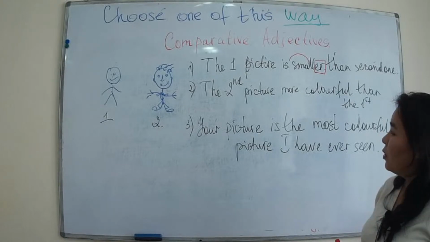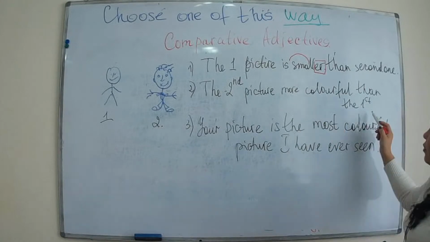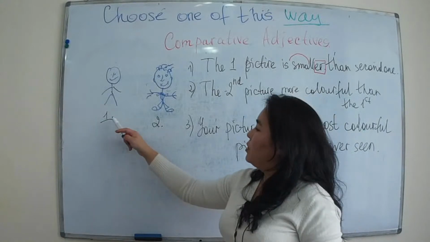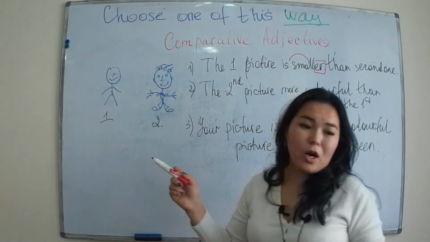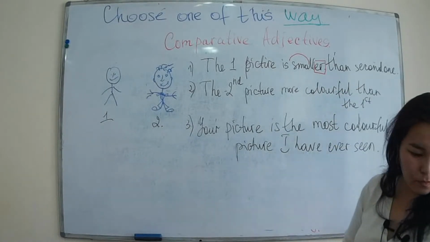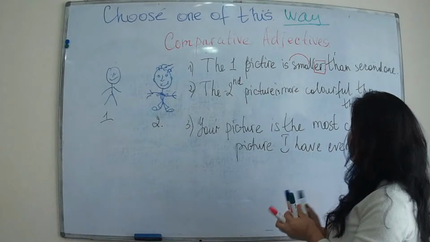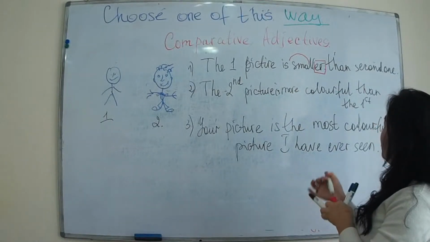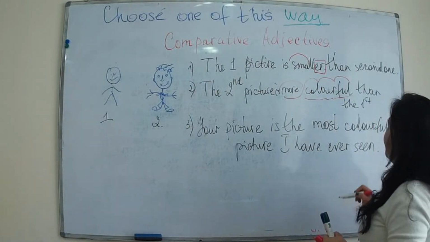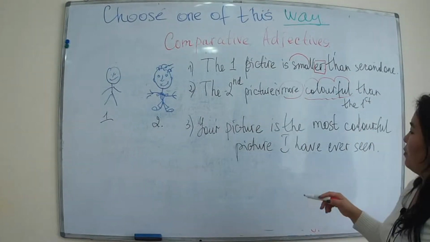The second sentence, sorry, the second picture more colorful than the first. In comparing with the first picture, the second picture is more colorful. So here we use the helper more, and the adjective is 3 syllables, and we compare these two pictures. The second picture more colorful than the first.